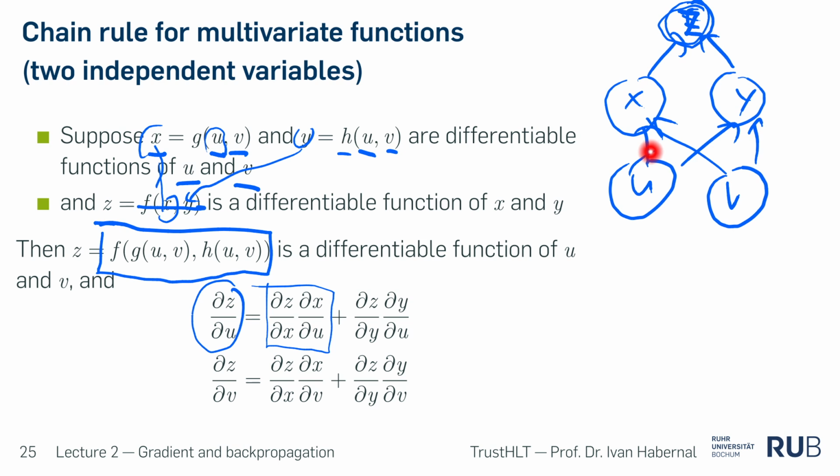You need to take all the paths, because the derivative is telling you, if I change x, how much is the output changing? So here, if I'm changing u, how much is the output changing? And I can do this with the chain rule by going through all these intermediate nodes. And this is where the multivariate chain rule comes from.